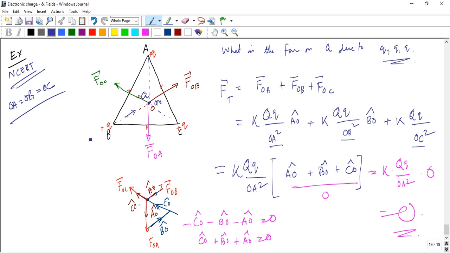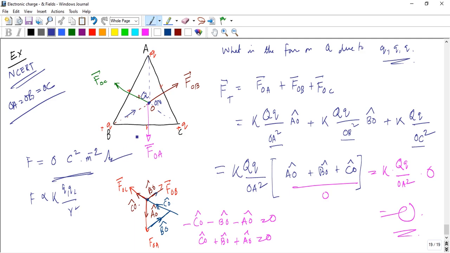Or you can also say the force equals 0 Coulomb square meter to the minus 2, because you know that the force is proportional to K Q1 Q2 by R square. So here it is Coulomb square meter to the minus 2. That's the answer.